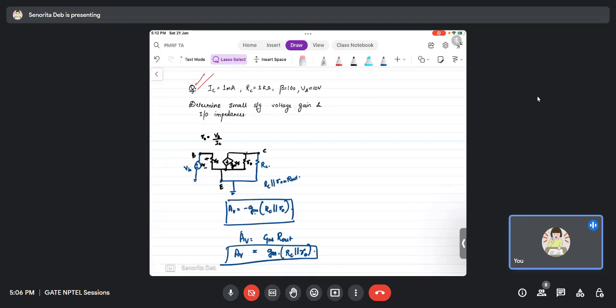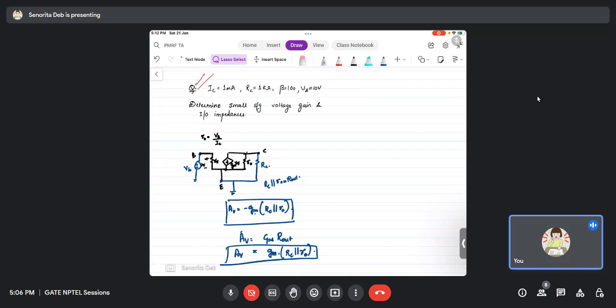R naught is the output impedance because of the presence of early effect. Early effect is base width modulation. Because of the application of collector to emitter voltage, there is a modulation of the base width, because of which the collector current will change. So that is an additional change which is not anticipated, but it comes because of the physical nature of the BJT.